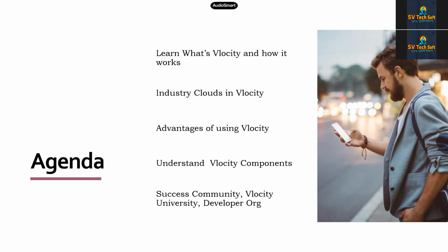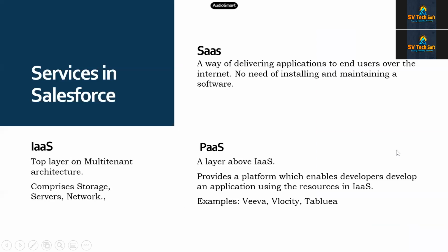As part of today's agenda, we are going to discuss what Velocity is, how it works, and what it is doing in Salesforce. Whenever you hear the term Velocity, you always hear something called industry specific cloud. So we'll try to understand that, the advantages, certain components of Velocity, and a few other things provided by Velocity.